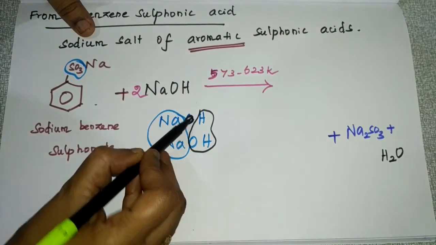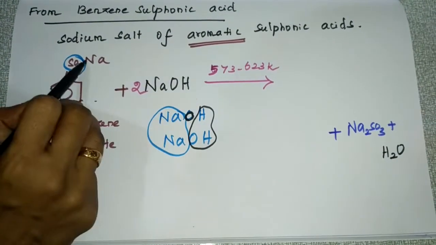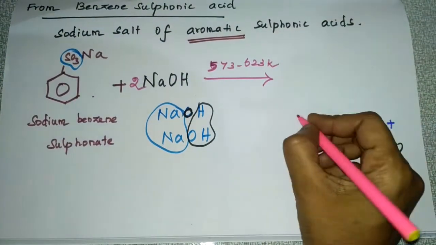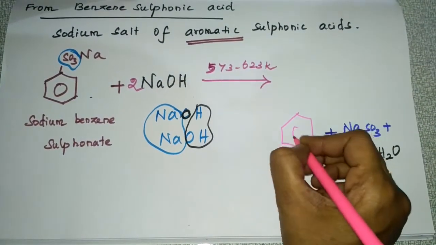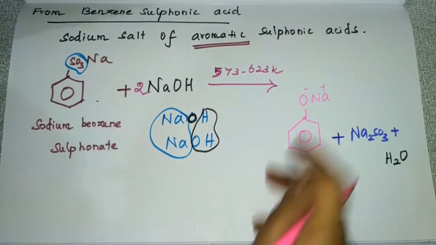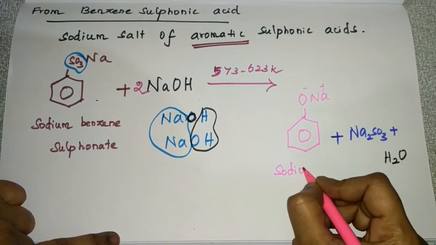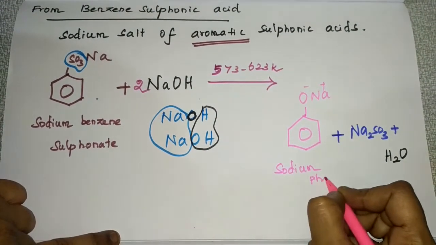This O minus and Na plus. So your product will be O minus and Na plus. Okay, so this is sodium phenoxide.